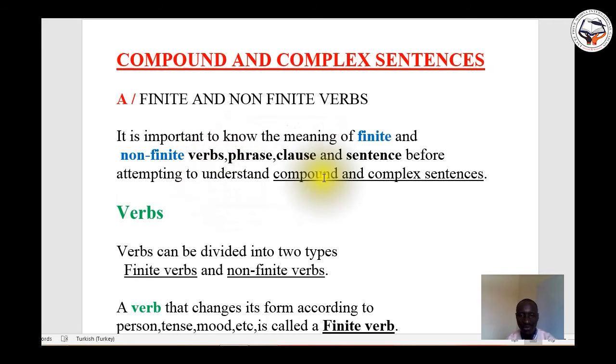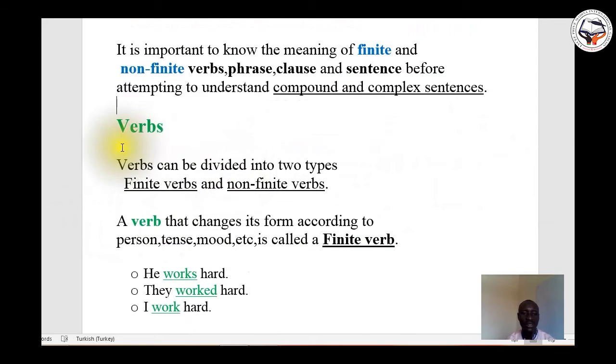Before I give you the meaning of compound and complex sentences, it is very important for us to know the meaning of finite and non-finite verbs, phrase, clause, and sentence. So let's go on now to the verbs.